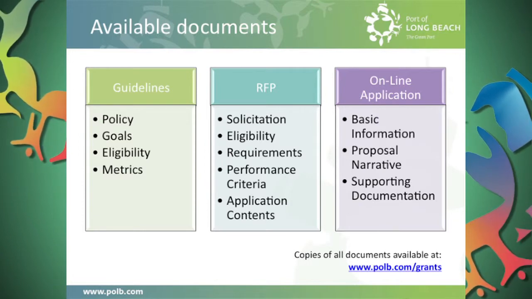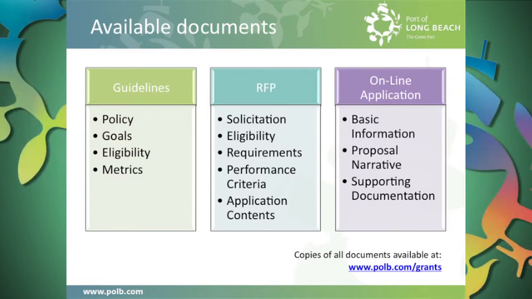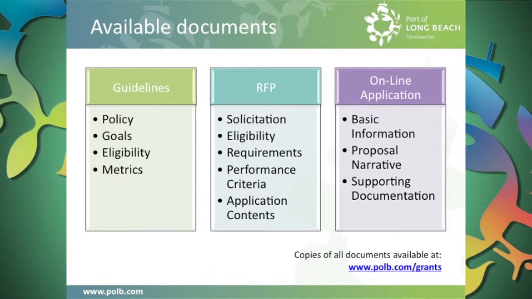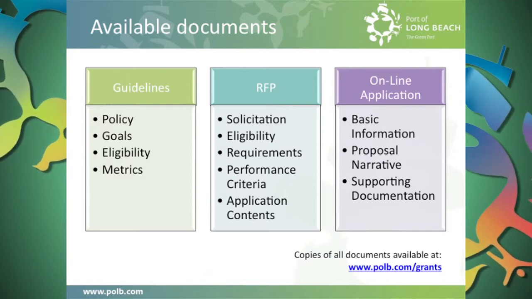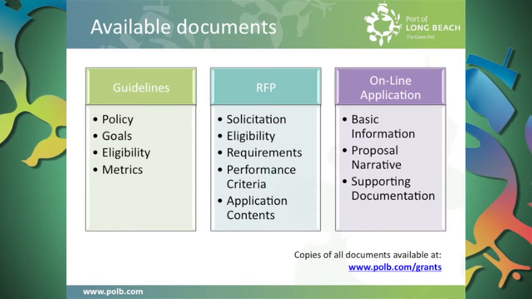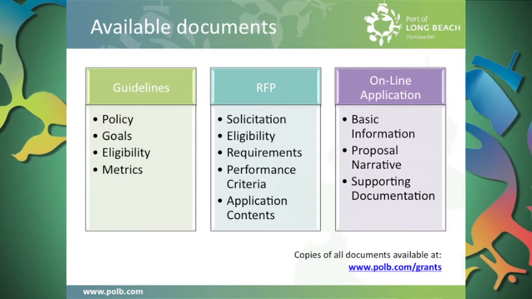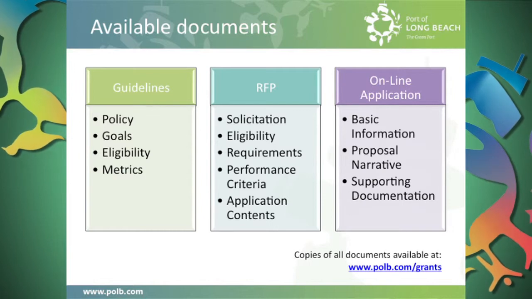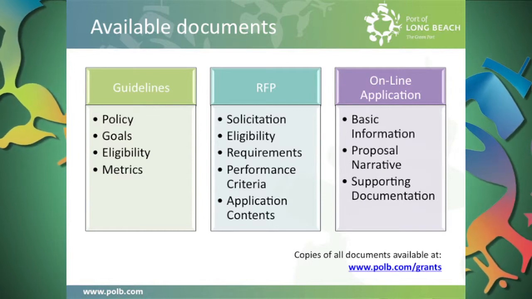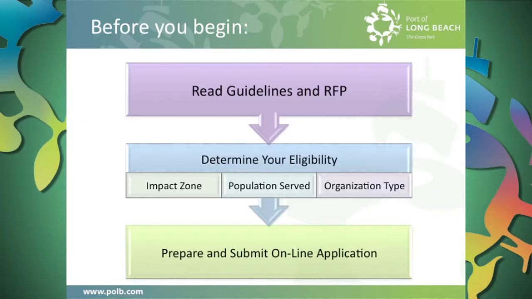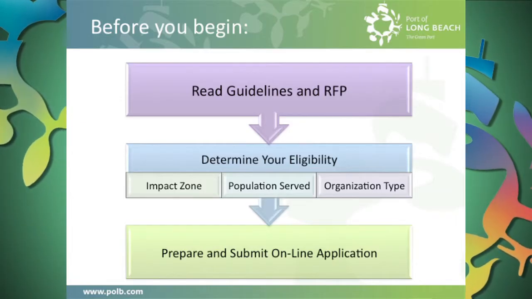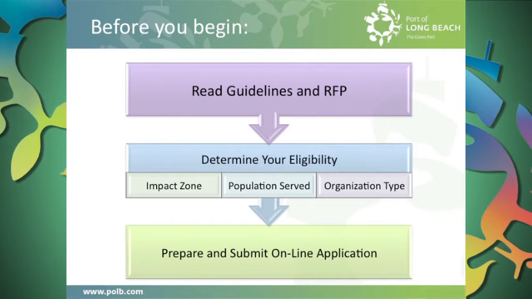And then lastly, we have the online application, and this is really just our mechanism to collect the basic information and for you to upload your proposal narrative and supporting documentation. And we're going to walk through that online application process. All of these documents are available at www.polb.com/grants.